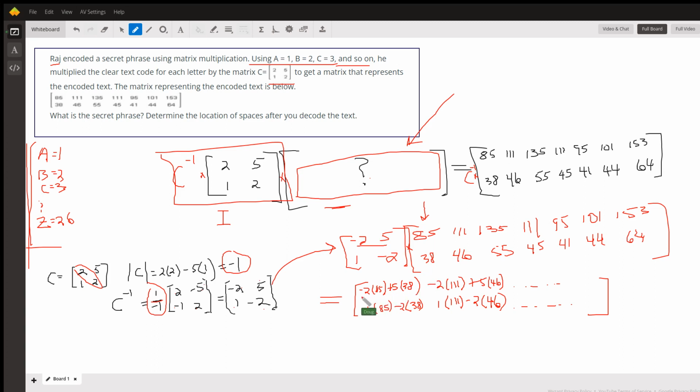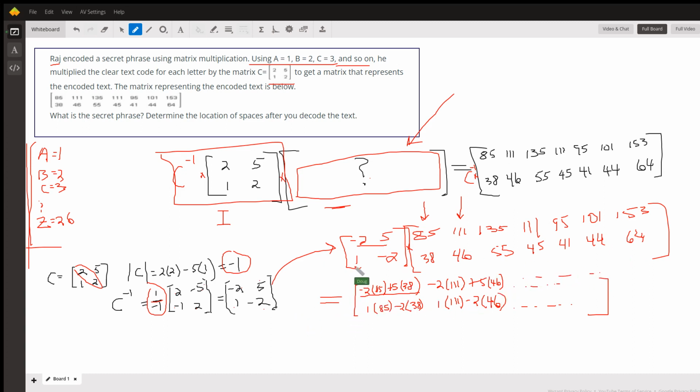And that's the value that goes in row 1, column 1. And for row 1, column 2, we take that row times this column. And we do that all the way across. So we're going to end up with 7 elements in row 1.